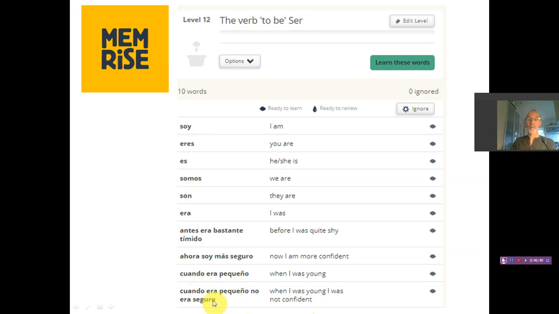I wasn't confident. Seguro, the way to remember this adjective, which can mean a few things, is to think maybe, first of all, of the word secure in English. So, seguro can mean safe, as in safe and secure. Seguro. Just change the G to a C. But if you're describing a person as seguro, it translates very often as meaning confident.